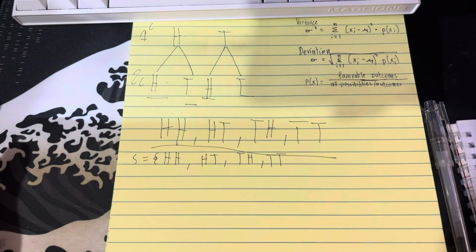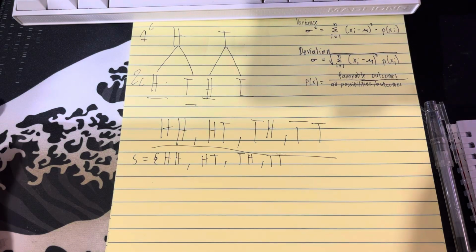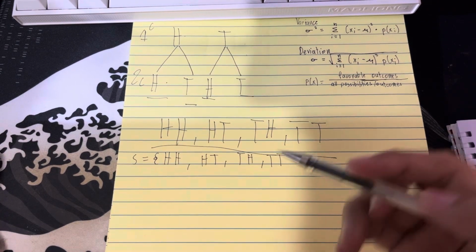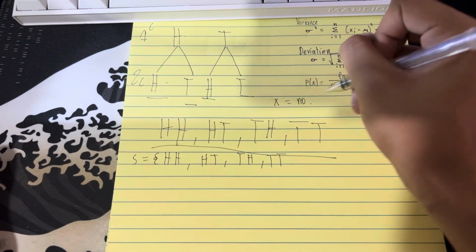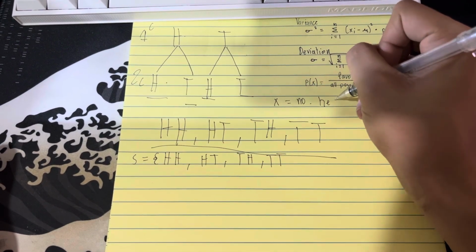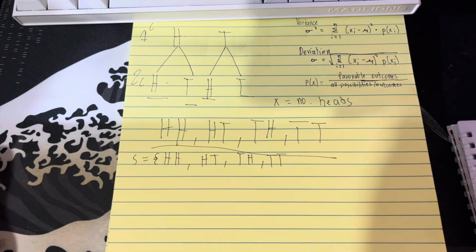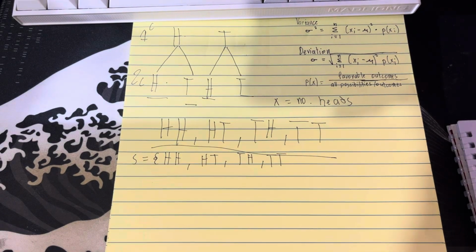Now, let's go back to our X. Our X is the number of heads. I'm sorry for the bad lighting, but yeah, number of heads. So let's assign X to each outcome.